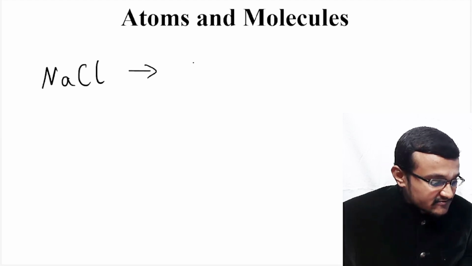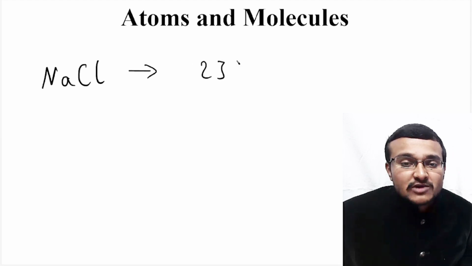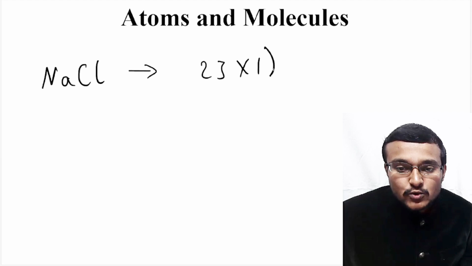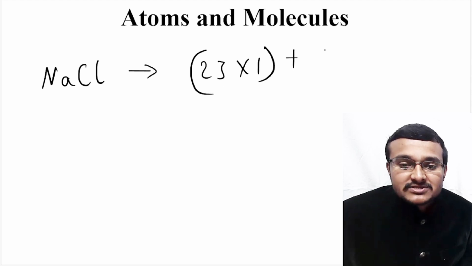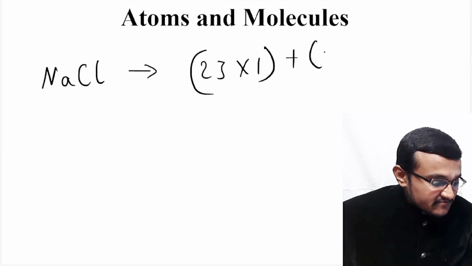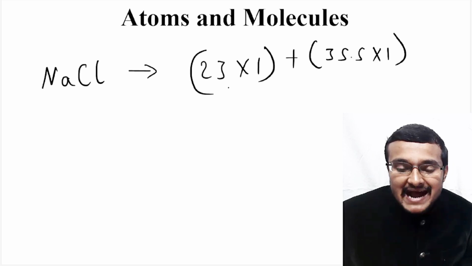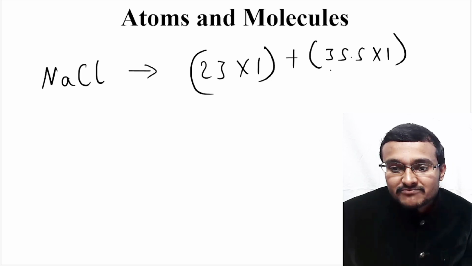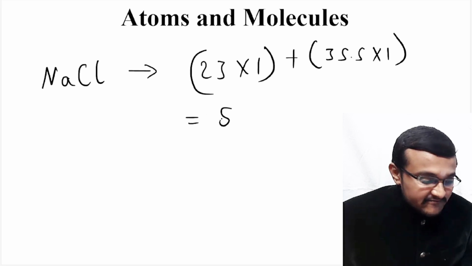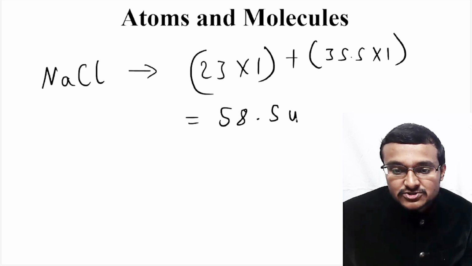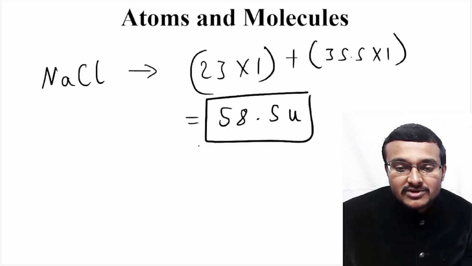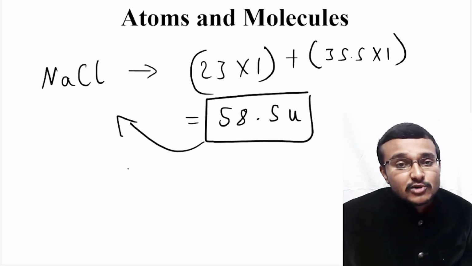The atomic mass unit of sodium is 23 and there is only one sodium atom, so 23 into 1 plus one Cl atom is there, so atomic mass of this particular Cl is 35.5 into 1. So when you add 23 into 1 plus 35.5 into 1, you will get 58.5 as your answer. So this will be formula unit mass of this particular NaCl molecule.